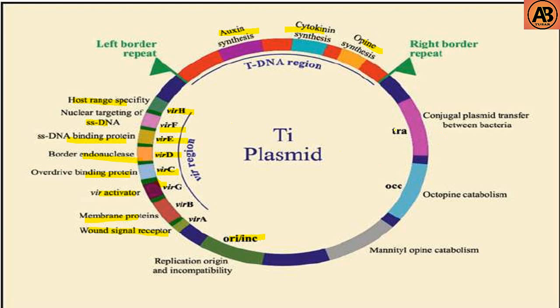Then these are octopine catabolism, replication origin, and incompatibility. So this is the Ti plasmid, figure of Ti plasmid.